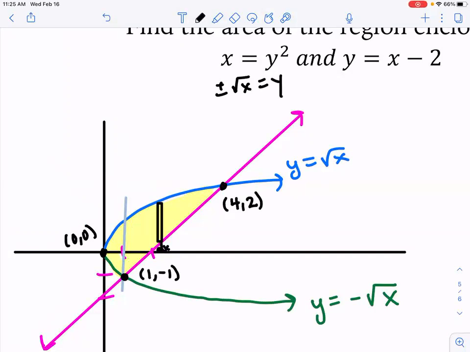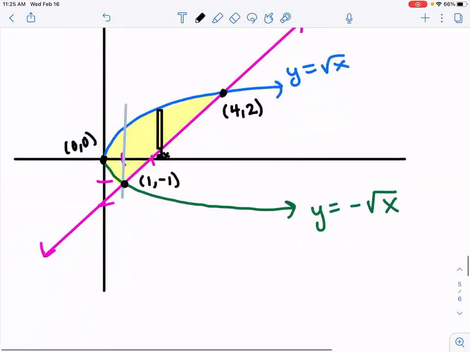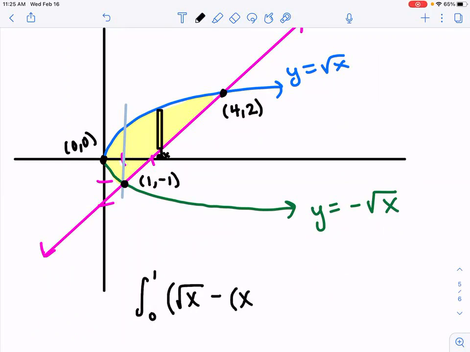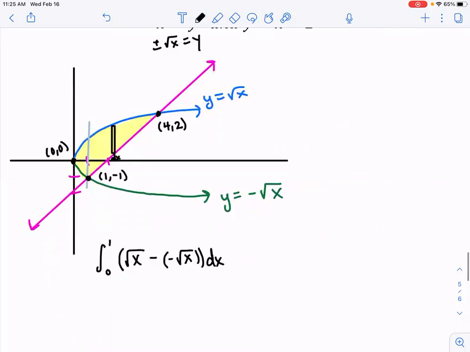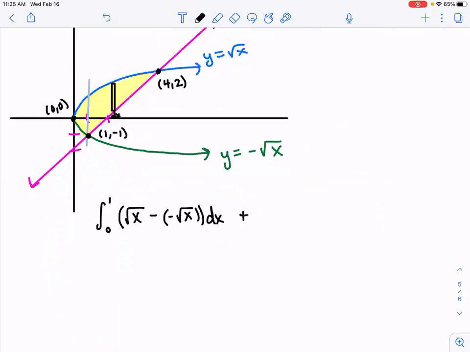All right. So what we are going to do is we are going to have the integral from 0 to 1 of top function blue minus bottom function green. And then we're going to have to add the area from 1 to 4 of top function blue minus bottom function pink.